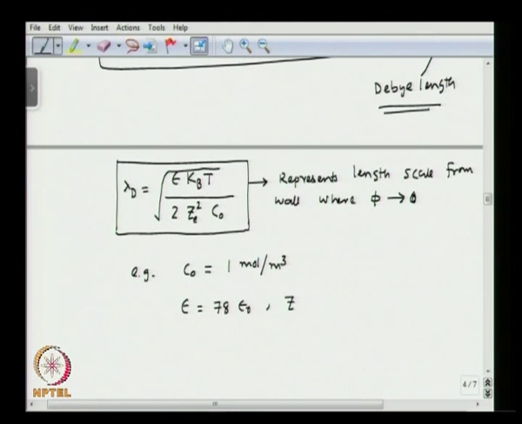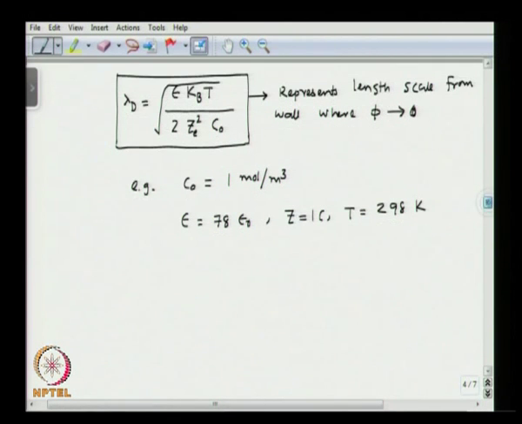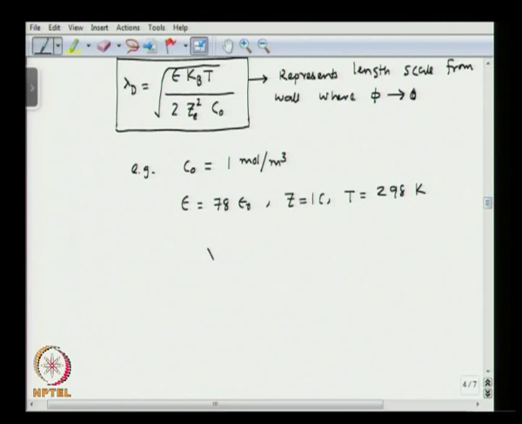Let us say the charge is 1 unit and the temperature is room temperature, which is 298 Kelvin. Then we can find lambda d is about 10 nanometer. So that is an estimation of how thick the Debye layer is. The Debye layer is of the order of 10 nanometer.